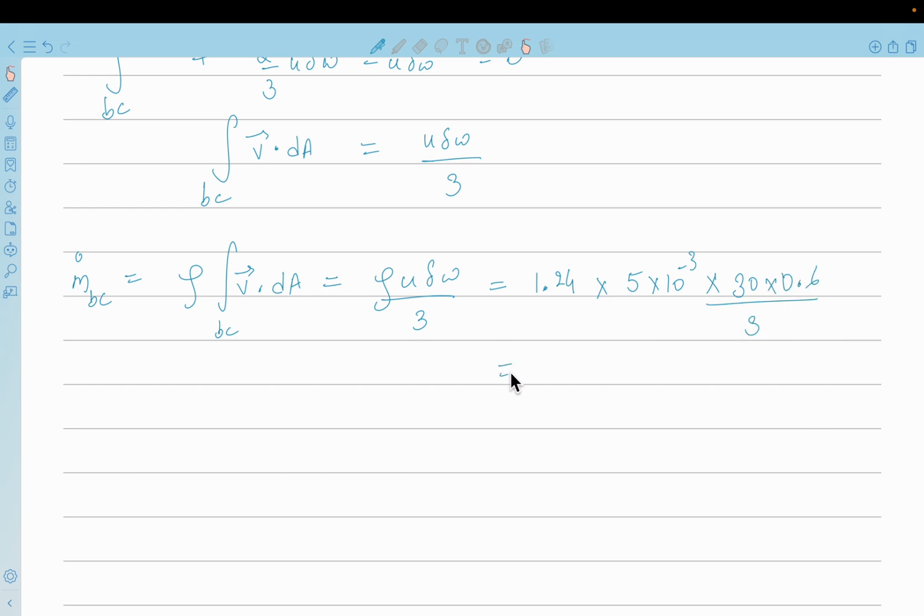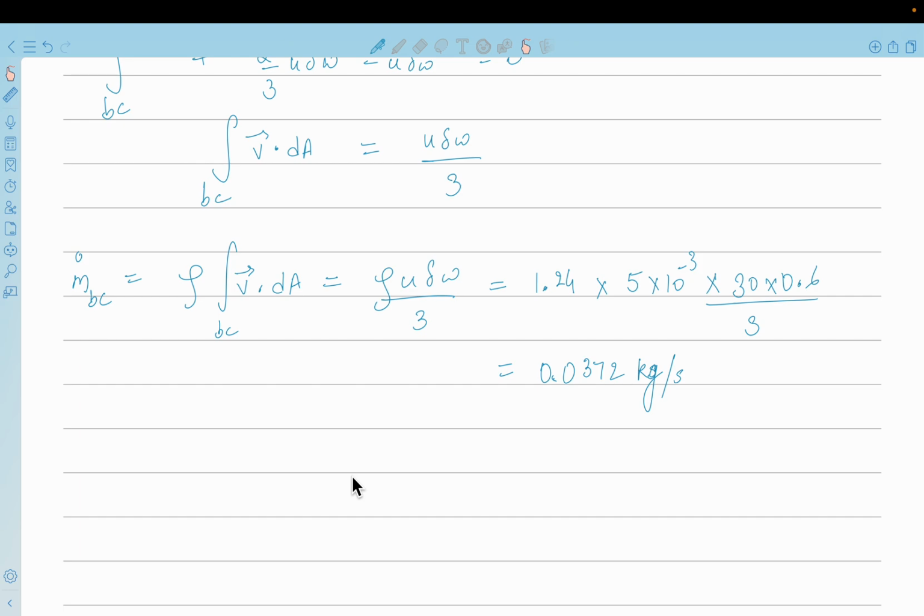So can you please evaluate and tell me what is the answer? 0.0372. Yes. Kg per second, right? Okay. Yes, so this is the answer.